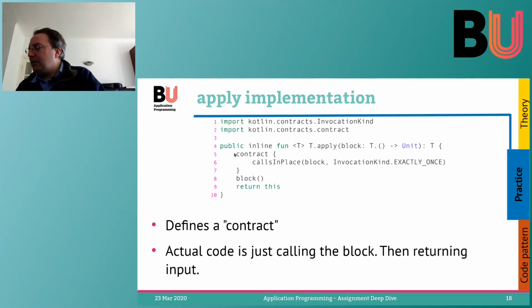One funny thing that's added here is this contract bit. This contract bit is just where the code communicates to the compiler. It doesn't actually result in actual code. I'll go back to the contract in a little bit.